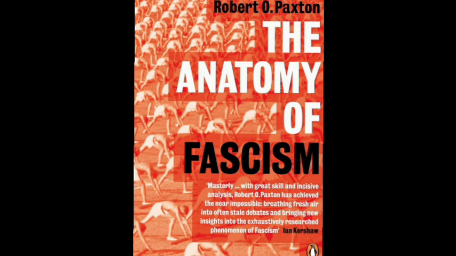The Anatomy of Fascism provides a rich and nuanced analysis of fascism as a political movement and ideology. Paxton's central argument, that fascism is not a fixed, dogmatic ideology, but rather a dynamic, evolving political practice, offers a valuable framework for understanding the complex nature of fascism.